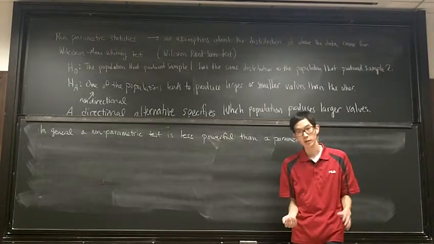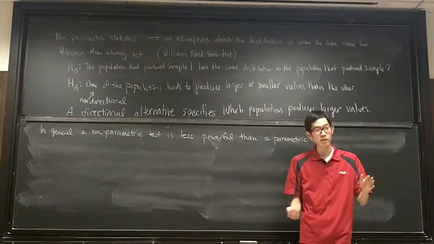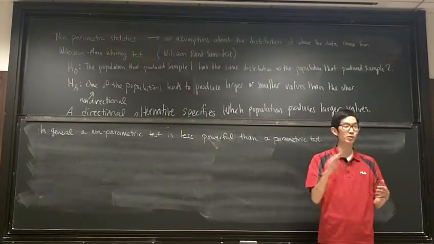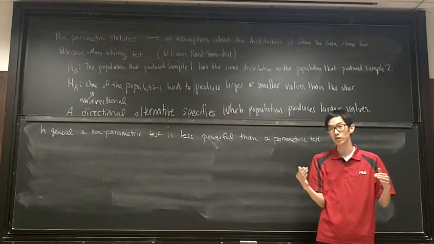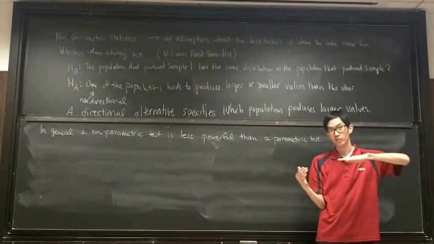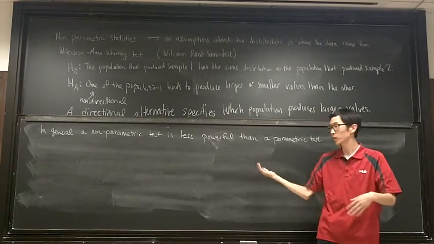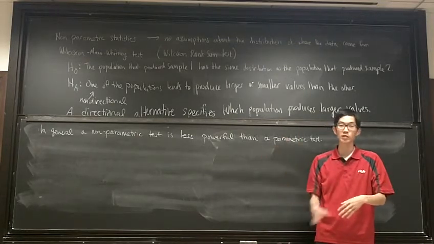And that makes sense because the t-test puts assumptions on the population. We're assuming that the sampling distribution follows a normal model or something like that. With the non-parametric test, we're throwing out a lot of these assumptions.